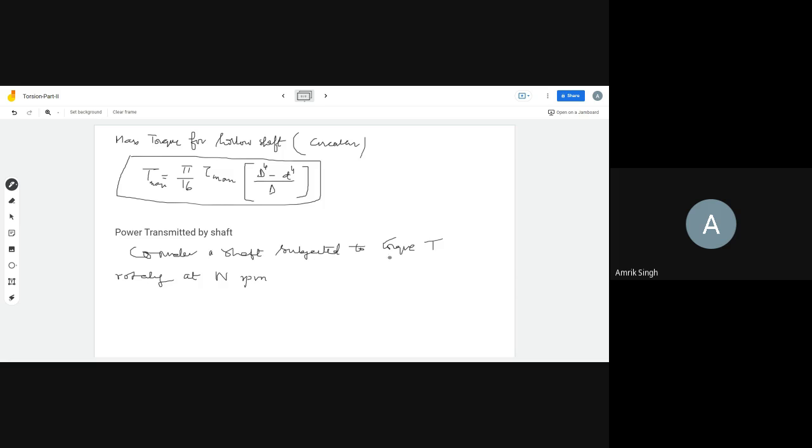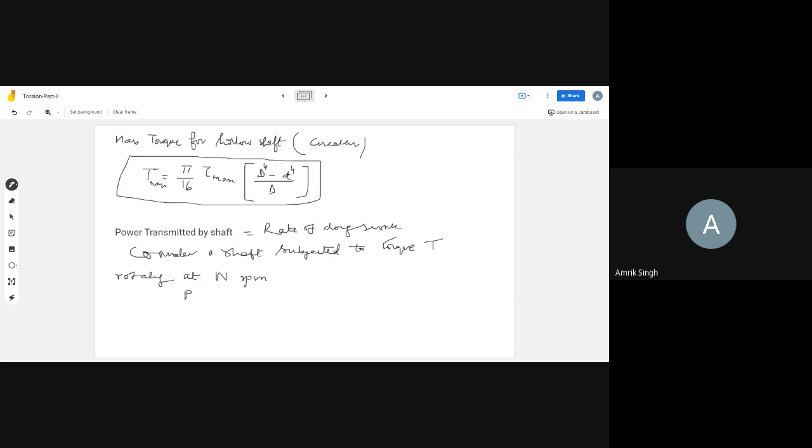So what is power? It is the rate of doing work.